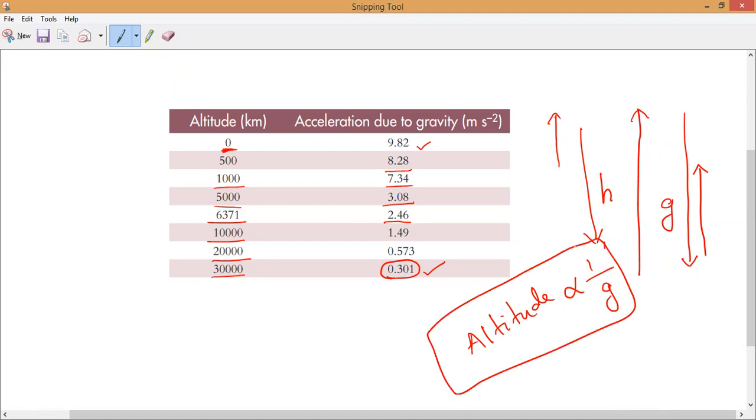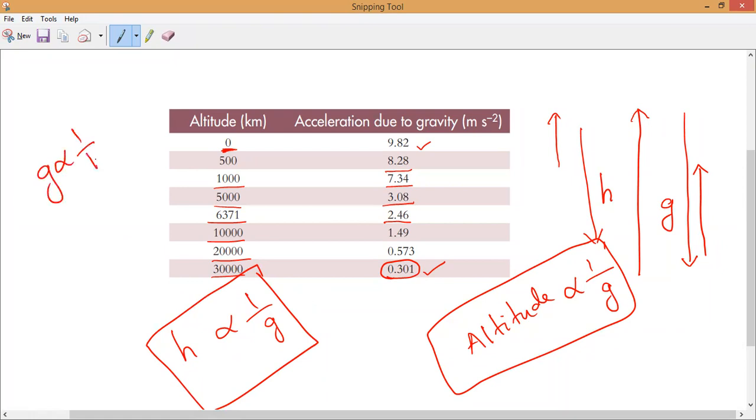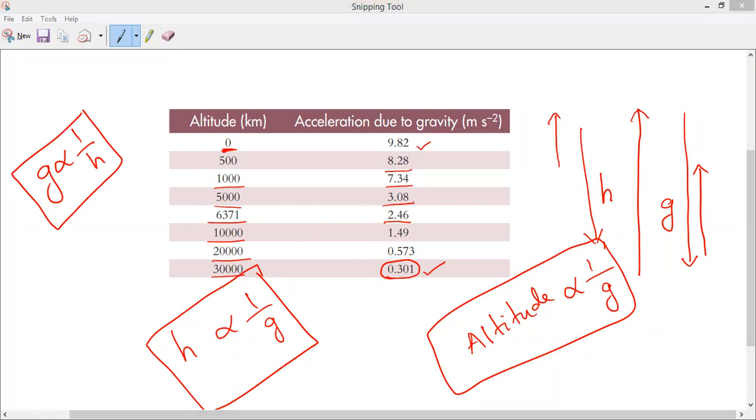Yes or no, guys? That means height away from the surface of the Earth is inversely proportional to acceleration due to gravity. Or I can say G is inversely proportional to altitude. Are you clear? Any doubt, you can ask me till here. Yes, please note it down.